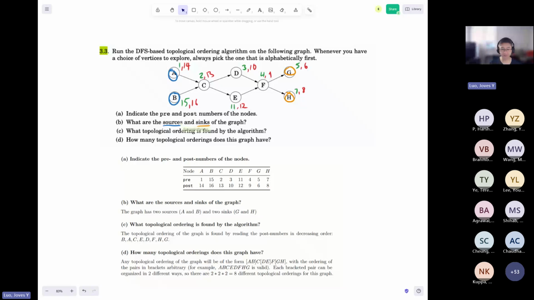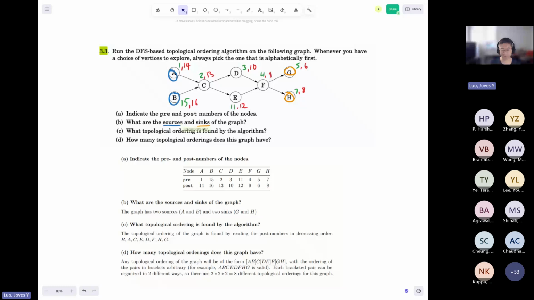It's a little bit more complicated. The way I like to do it is, the sink is really easy to identify: find all the vertices with no outgoing edges. The other way you can do it is to just reverse the graph. It would have taken all of m to identify all your sources anyways.